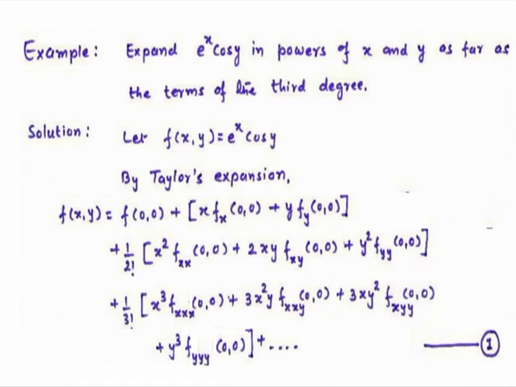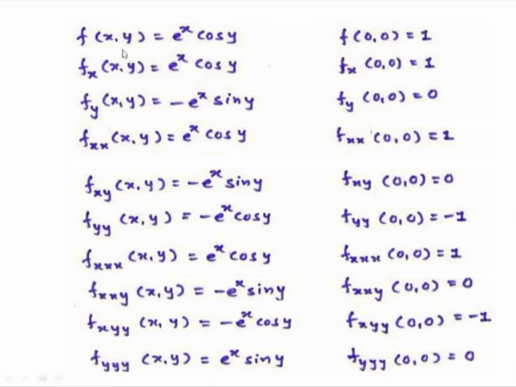Now we need to find the values of first order, second order and third order partial derivatives at the zero point. So first we find f(x,y) at (0,0). So e raised to 0 is 1, cos 0 is 1. So f(0,0) is 1. Now we find the partial derivative of f function with respect to x. So derivative of e raised to x is e raised to x, cos y is constant, so cos y, and fx at (0,0) is 1.